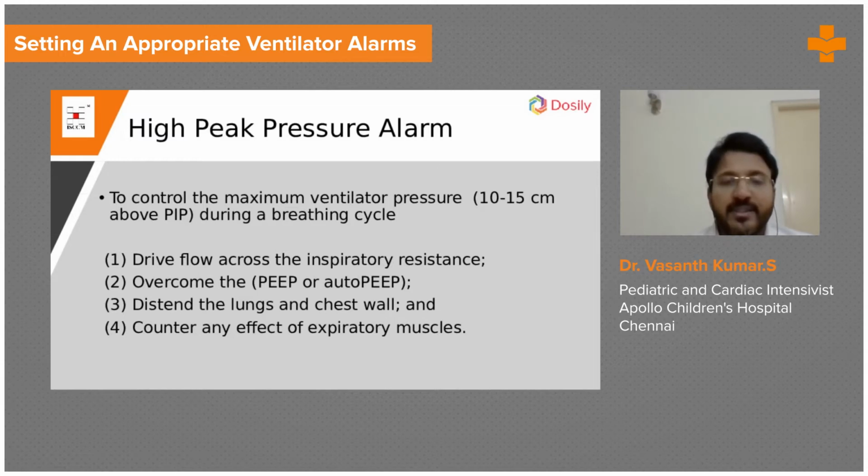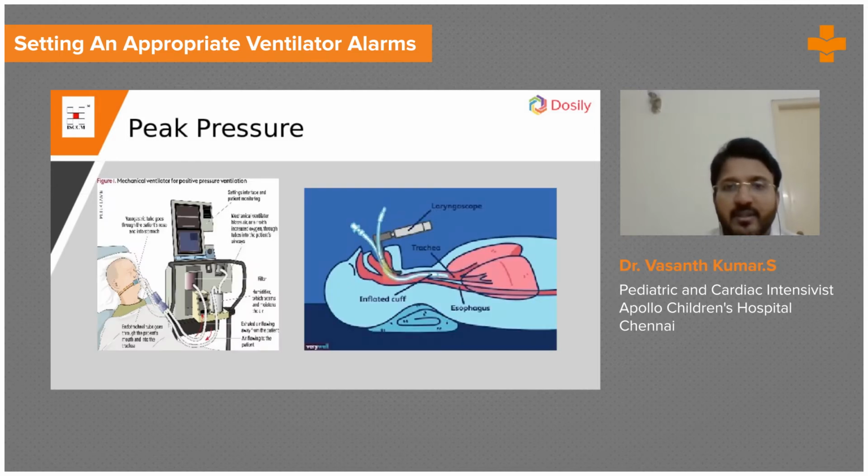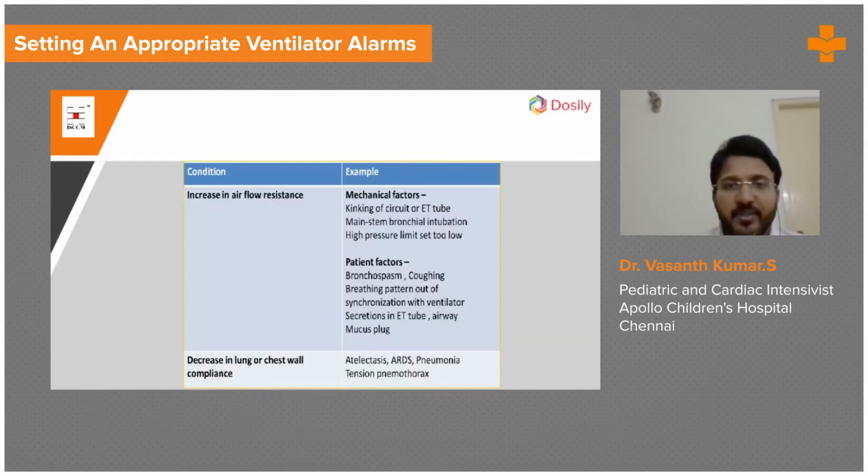So it includes both your resistance problem, meaning your ET tube, ventilator tubings, and your airways, and compliance, that is the alveolar problem. So it is a combination of airway plus alveolar. So the total pressure which is needed will determine the peak pressure.